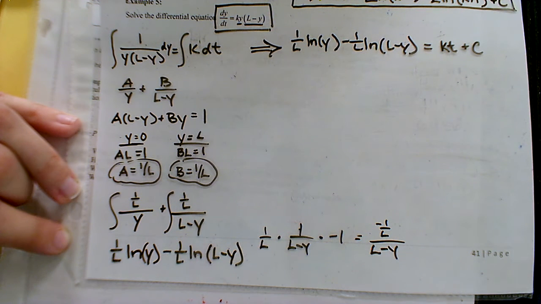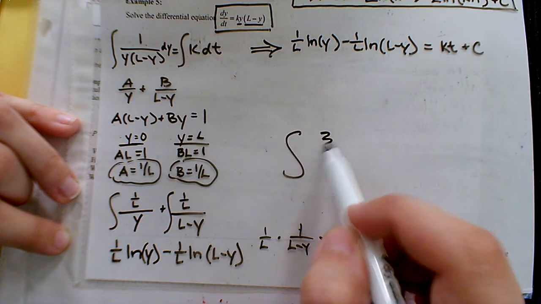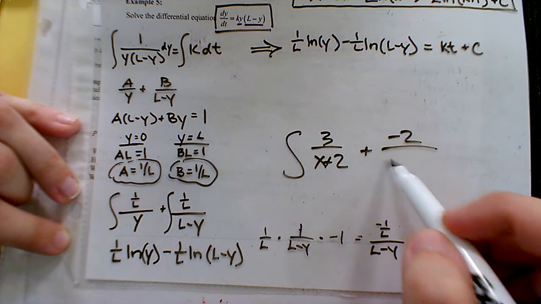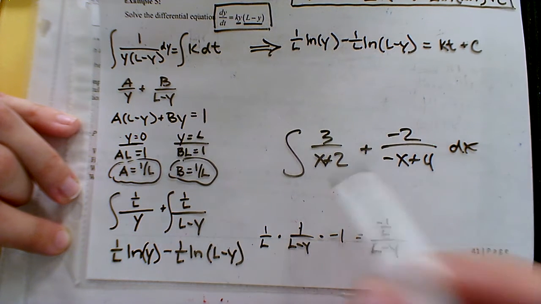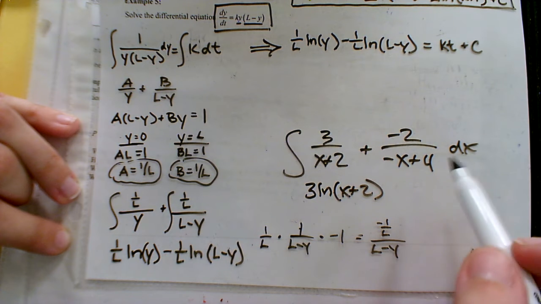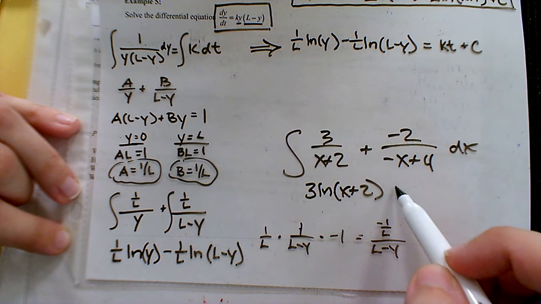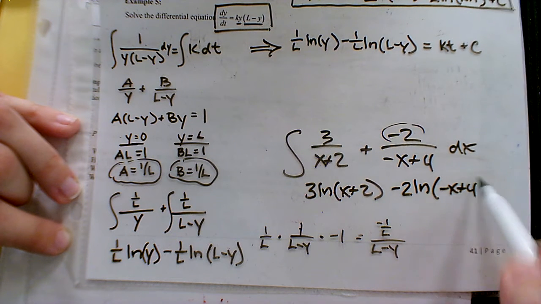How would we identify that without having to work through the whole derivative? Let's say it was something like this. I'll put in some numbers. This would be 3 natural log of x plus 2, then minus 2 natural log of negative x plus 4.